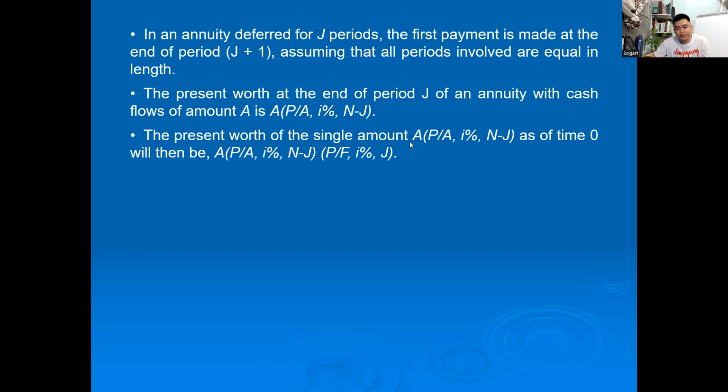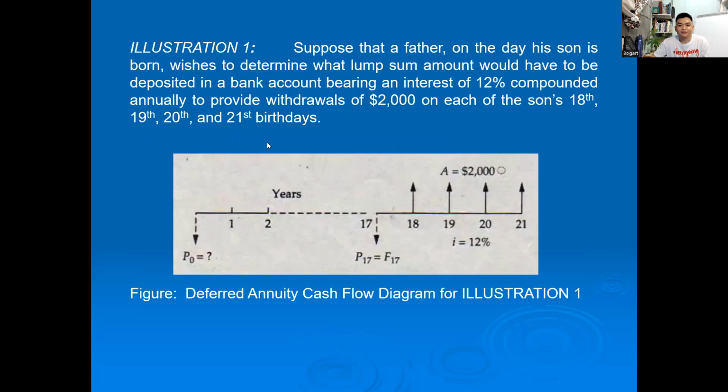The present worth of the single amount at time 0 will then be A, P given A, interest, N minus J, and then multiplied by your finding P given F. Pakita na natin. So, illustration.